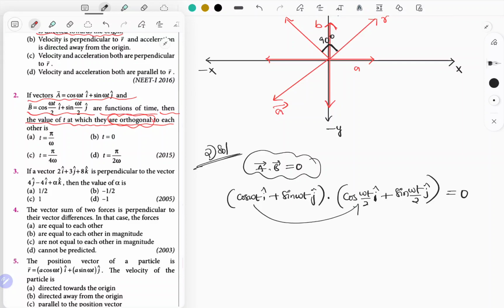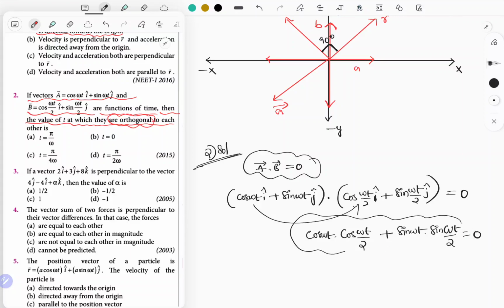So cos omega t into cos omega t by 2, next plus sin omega t into sin omega t by 2, which is equal to 0.